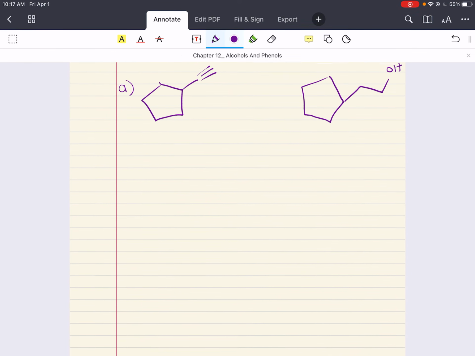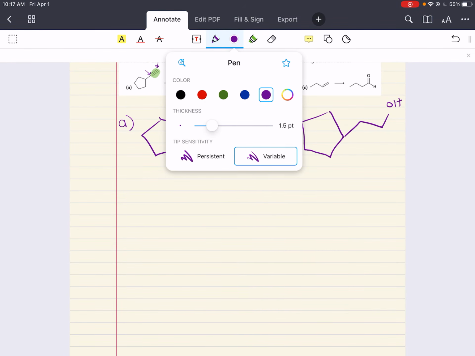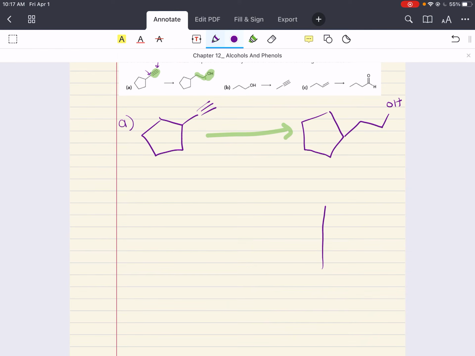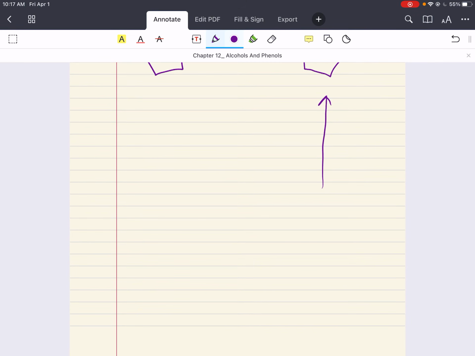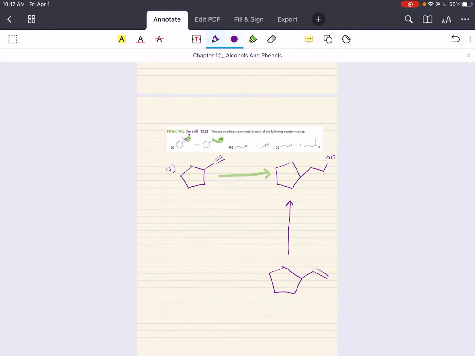Okay, we don't know one direct way to go from this to this. But what we do know is if we had a double bond there, we know how to treat a double bond. If we had a double bond where that triple bond was once, we can easily do hydroboration oxidation to add the alcohol group to the least substituted position and hydrogen to the more substituted position.